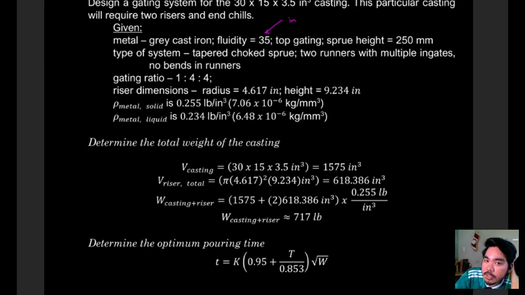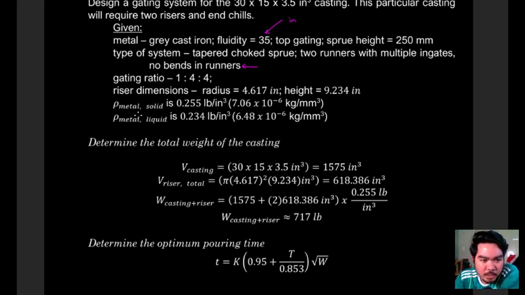Then, we have a top gating system, and a sprue height of 250 millimeters. The type of gating is a tapered choke sprue with 2 runners and multiple ingates. And it is noted that we are not doing bends in the runners. So our gating ratio of choice is 1:4:4, and we have a riser dimension with radius 4.617 inches and a height of 9.234 inches. Okay?